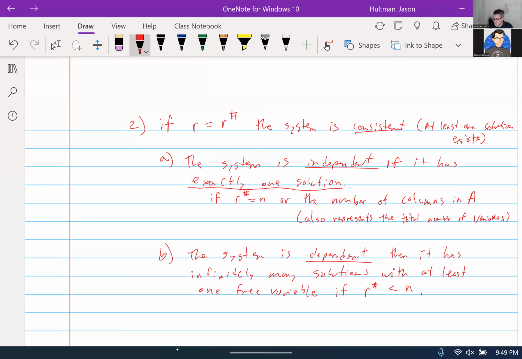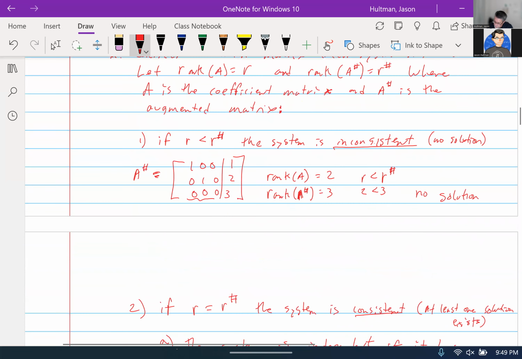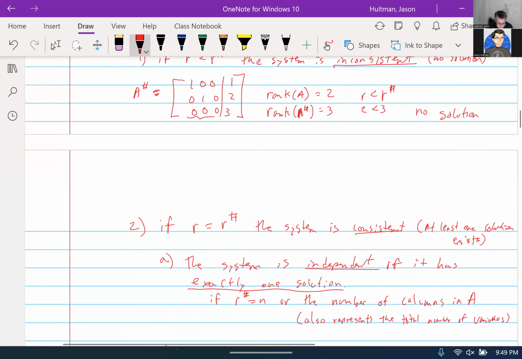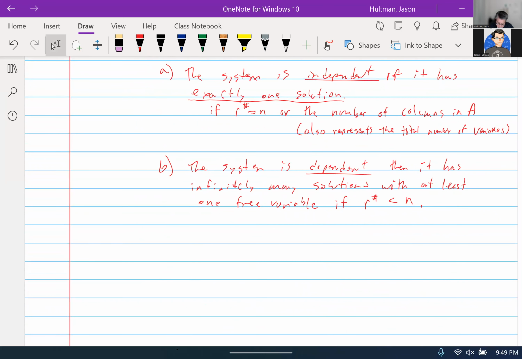So the ranks are the same. Maybe it's rank 2, right? Like in this example up here, we had rank 2. Maybe we end up with a row of zeros, and we end up with something that has rank 2. That would have infinitely many solutions.